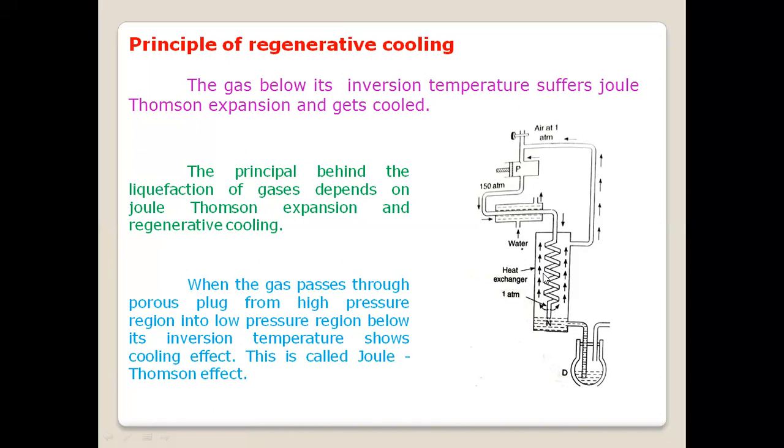It then passes through the heat exchanger after the Joule-Thomson effect, and its temperature decreases. When this cooled gas again enters the porous plug experiment, it further decreases its temperature. We know that if the initial temperature of the gas decreases, the cooling effect is more. That principle is used here in regenerative cooling to obtain very low temperatures.